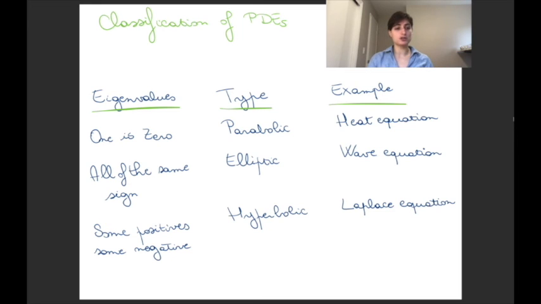So you have 3 options for the eigenvalues. One of the eigenvalues is 0, at least one of the eigenvalues is 0, in which case you don't check any other eigenvalue, you know that the type is the parabolic equation, and you're thinking of it as the heat equation. The heat equation is the example of the parabolic type PDE.